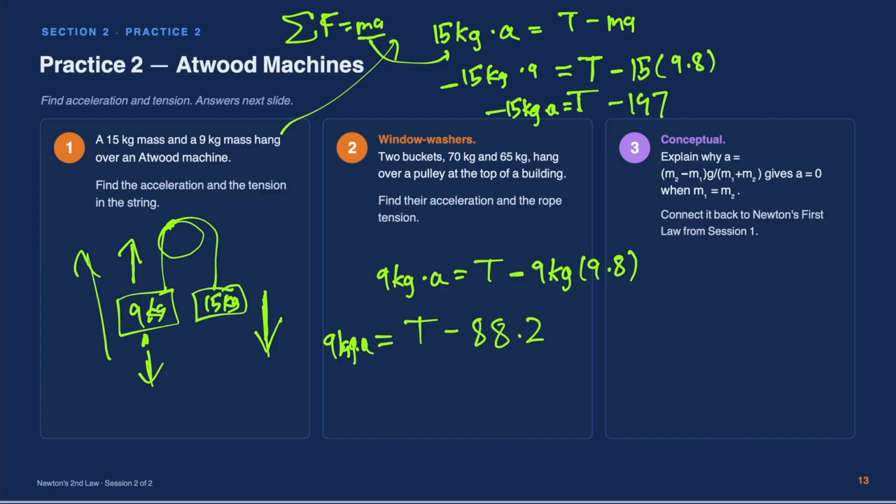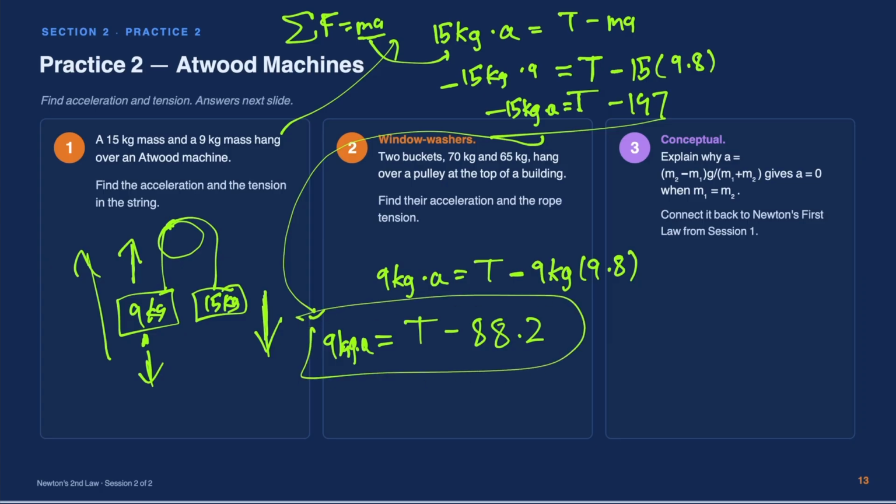And then if we're going to add these two equations, since the tension here, we could divide the negative out here, right? To make it a bit easier, we could divide the negative 1 out and turn this entire expression negative. So we can multiply this by negative 1 and make it into 147 minus tension.